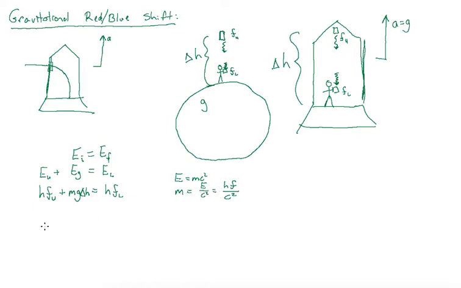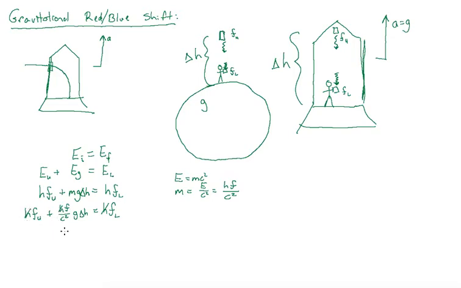Okay. Come back down here, and we've got hf up high, plus, now replacing m, hf over c squared, right, times g delta h equals hf. And now here we can get rid of some of this confusion, because now there's Planck's constant in every term, and we can get rid of them.